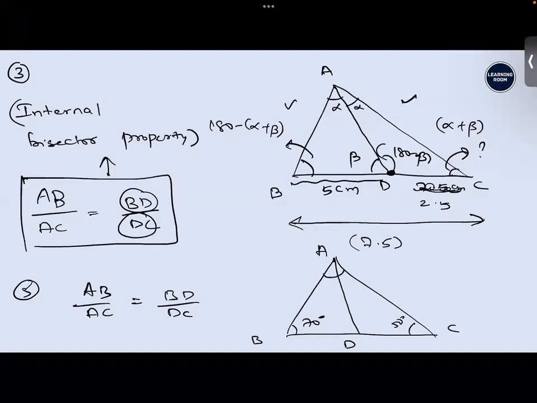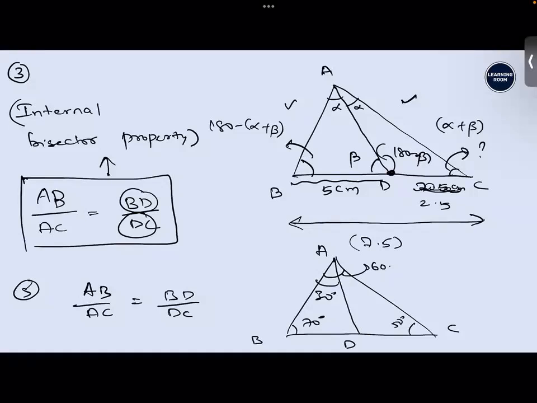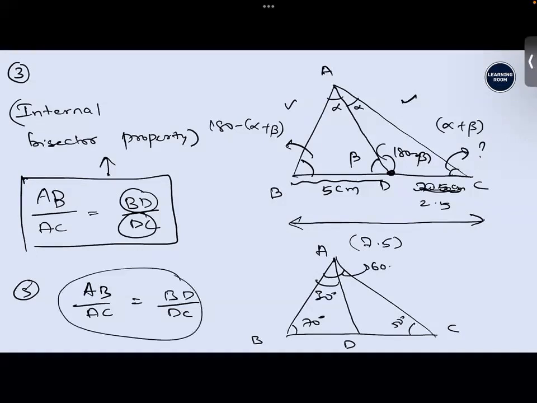So how much is this total angle? 60, no? So total angle is 60. Since it is an internal bisector, it will be 30. That's the answer. How did I say it's an internal bisector? Because they've given the ratio already.